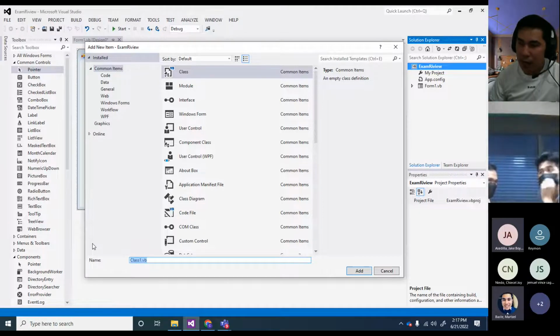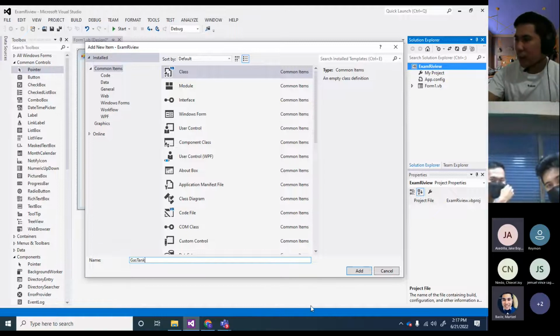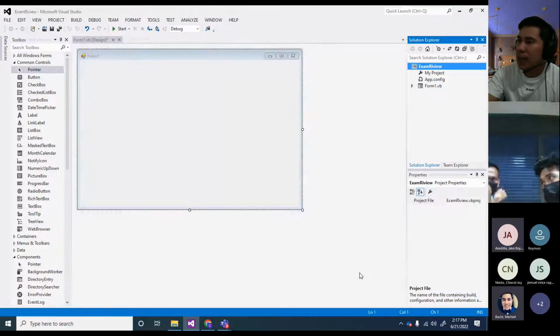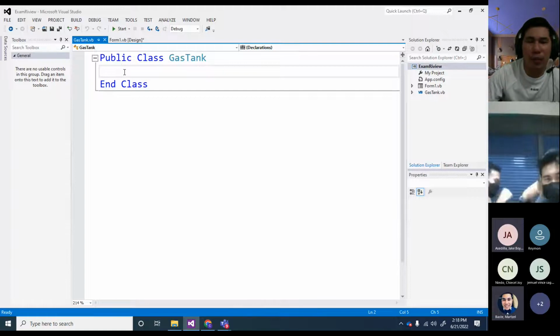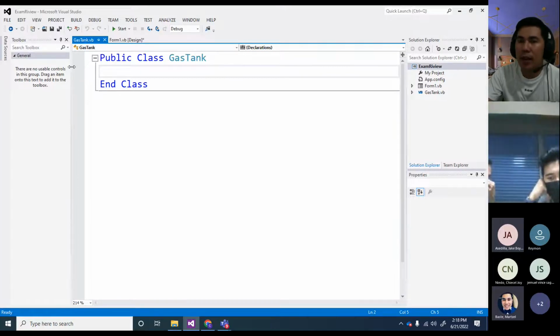Let's say, to illustrate encapsulation, we have a gas tank. Example, we're going to create a gas tank, and it's a class. Basically, when we talk about class, it's the same idea in C++, in Java, in PHP, or even in C Sharp.